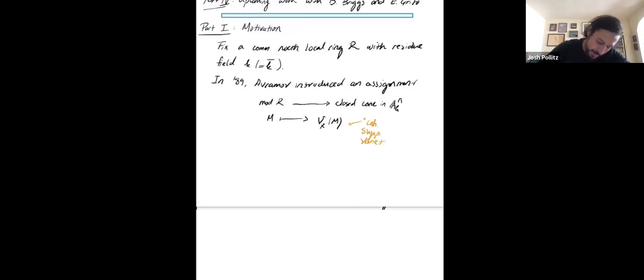Okay, and so what is this n? This n is the number of relations that define R. So what do I mean?